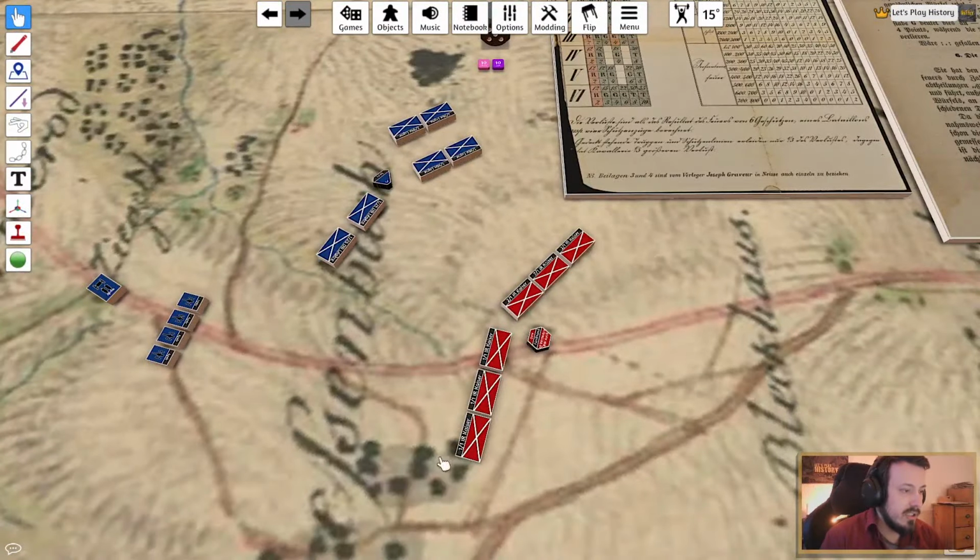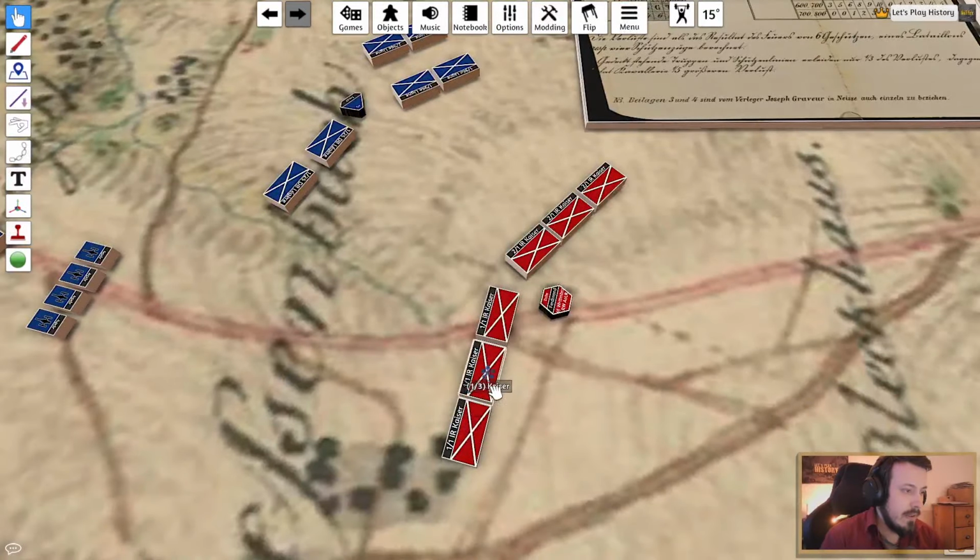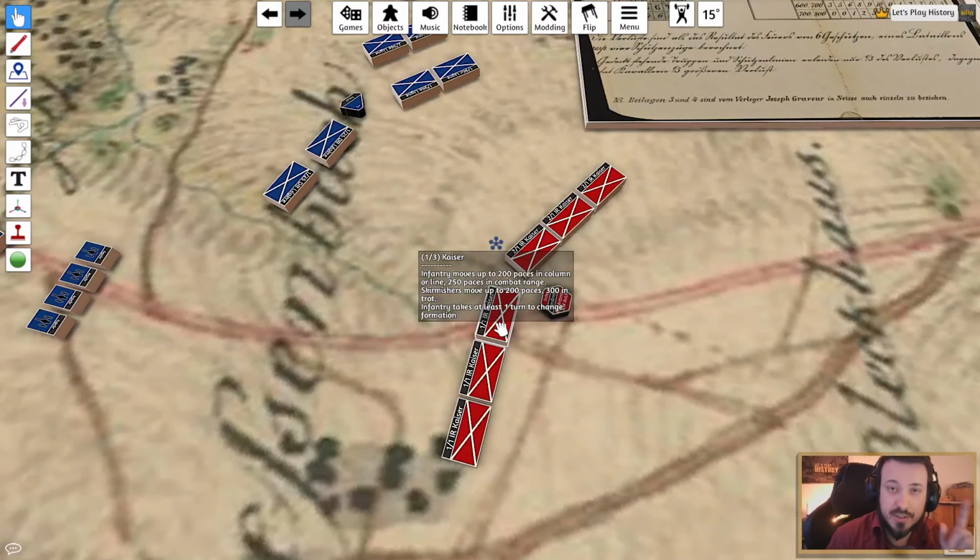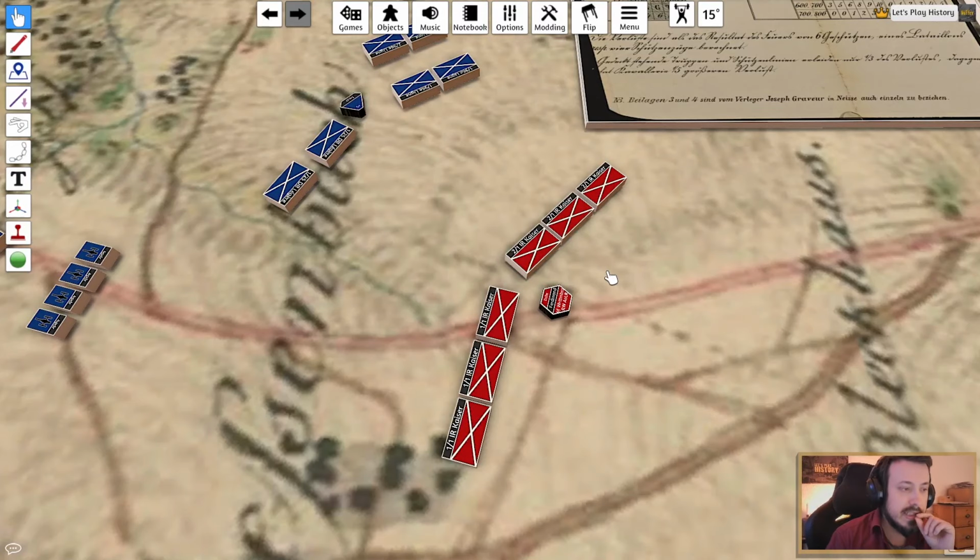We have 2 Austrian battalions here, which have 3 pieces. In the historical rules, this would never happen because the historical rules expect you to use the Prussian organization for both sides, because they wanted to train their own officers, their Prussian officers. They should train with the Prussian organization, the Prussian unit sizes, the Prussian equipment.